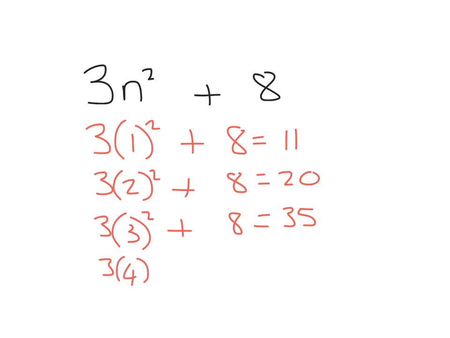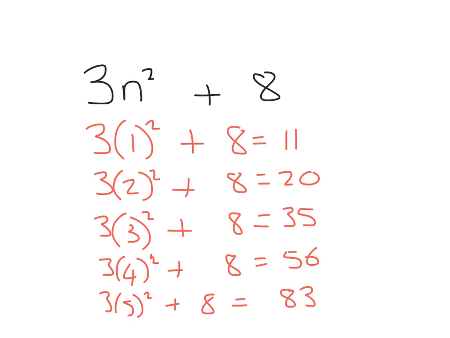For the fourth term, we've got 4 squared, which is 16. 16 times 3 is 48. 48, add the 8 is 56. And for the fifth term, we've got 5 squared is 25. Times by 3 is 75. Add the 8 is 83. So that's our first 5 terms there.